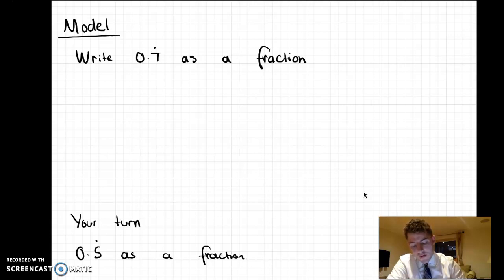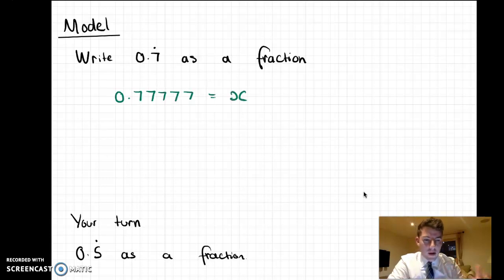So, write 0.7 recurring as a fraction. So we're actually going to use algebra here. Let me show you. Let it equal x.